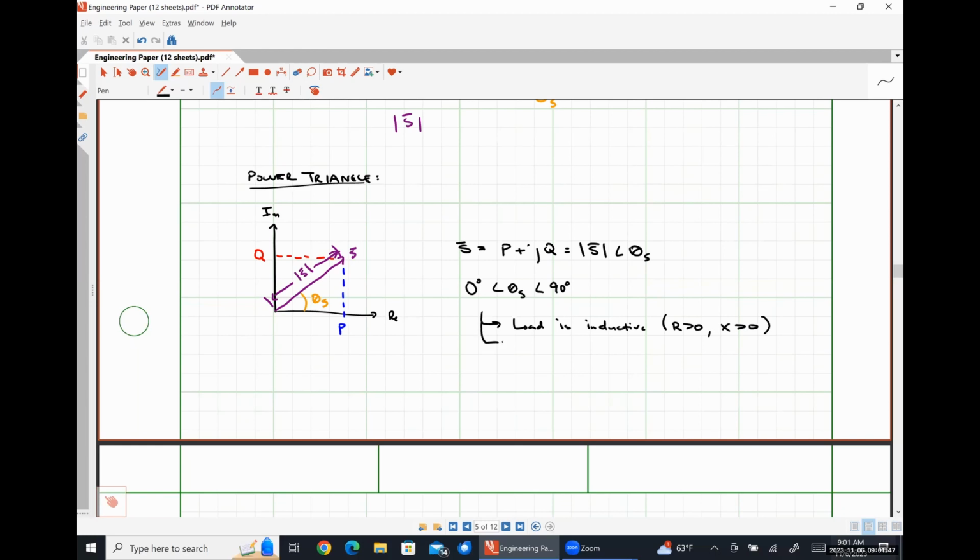This also means, and we'll talk about what this means in a minute, our power factor is lagging. I'm going to underline that. So if our power factor angle is positive, our power factor is lagging, which means our current lags our voltage, exactly what we would expect for an inductive load.